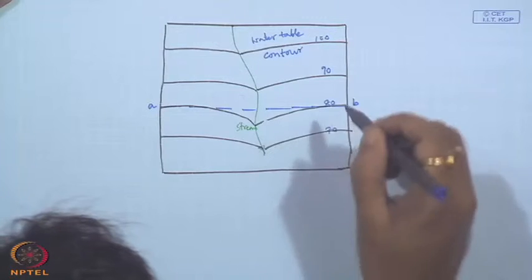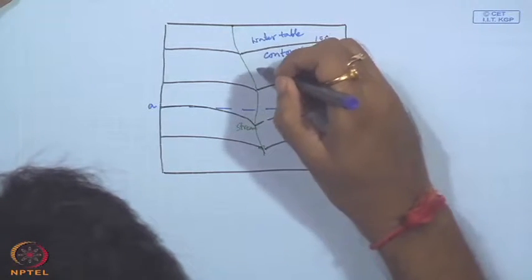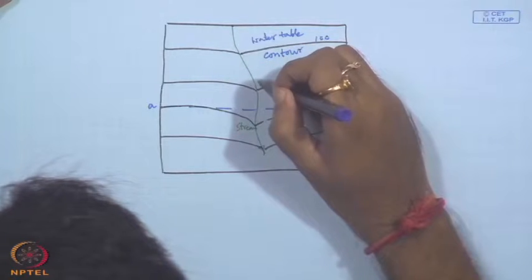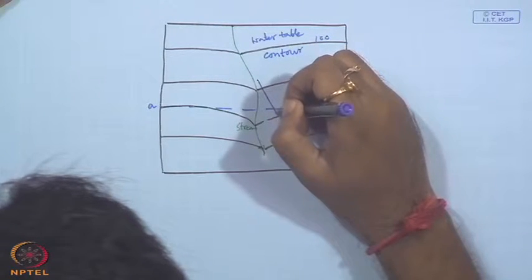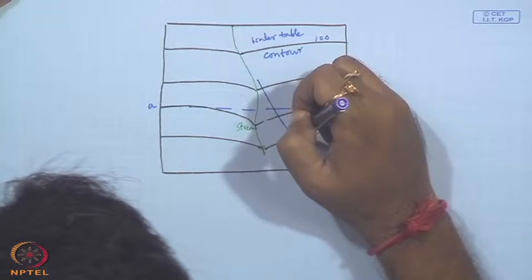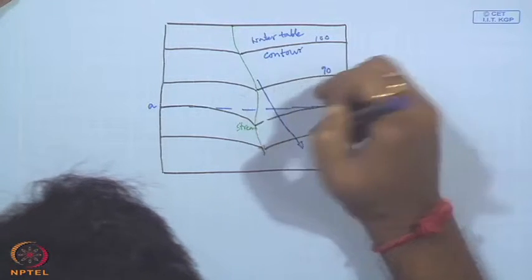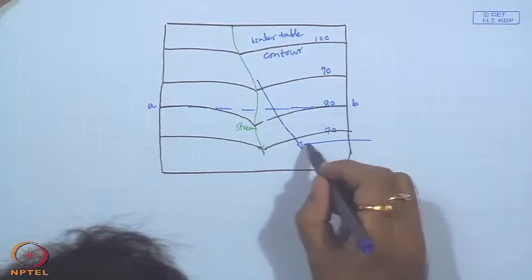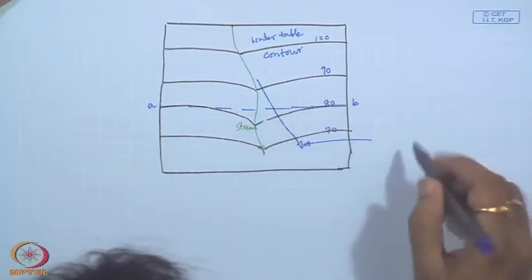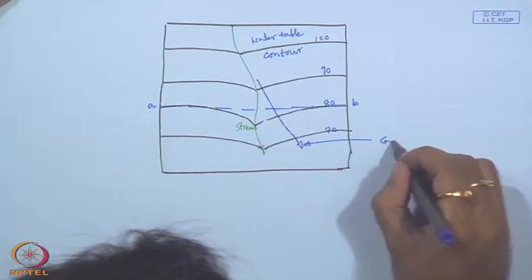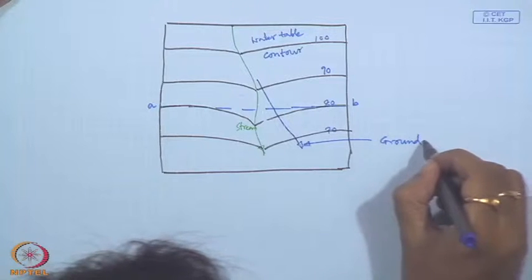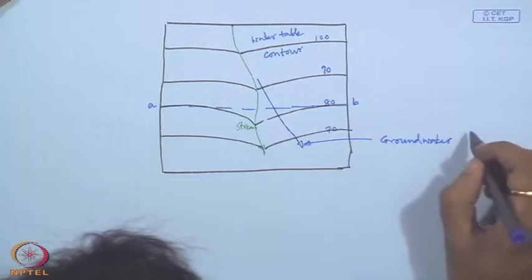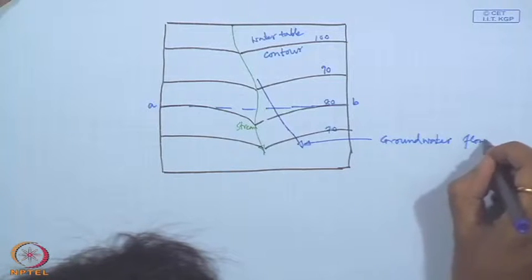So, in this case our groundwater flow is like this, which is away from our stream flow direction. This is the groundwater flow line.